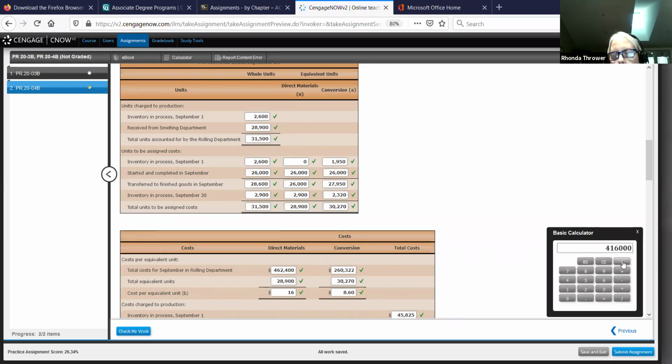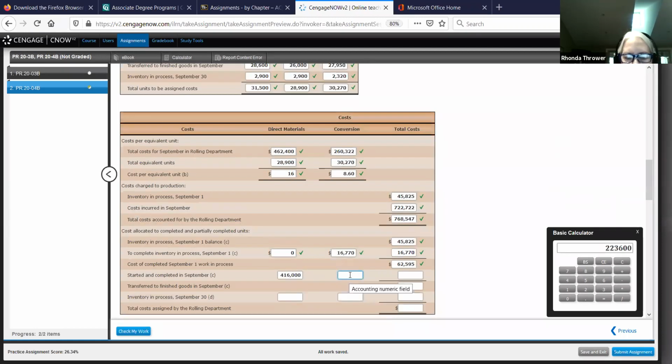So I'm going to multiply $8.60 times 26,000 started and completed units for conversion. And that will give you 223,600. And it's a good idea to check your math because these two have to be right before you can get this correct.